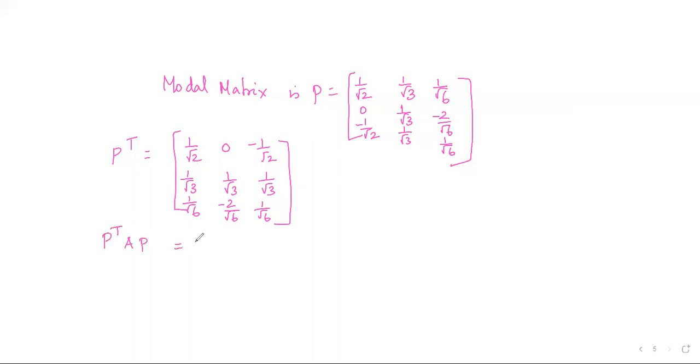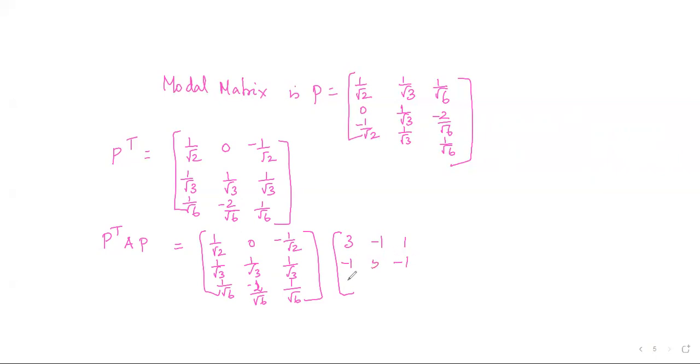So you know what is P transpose. So write down P transpose. That is 1 by root 2, 0, minus 1 by root 2. Then 1 by root 3, 1 by root 3, 1 by root 3. Then 1 by root 6, minus 2 by root 6, 1 by root 6. Then into the given matrix A. A is what? 3, minus 1, 1, minus 1, 5, minus 1, then 1, minus 1, 3.